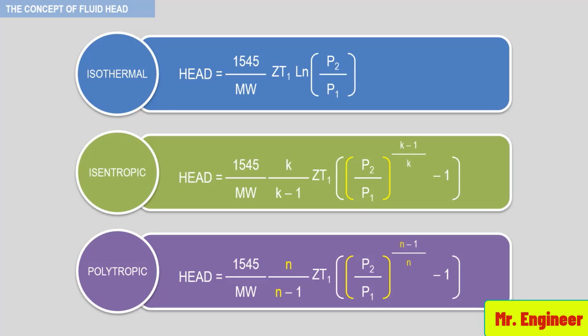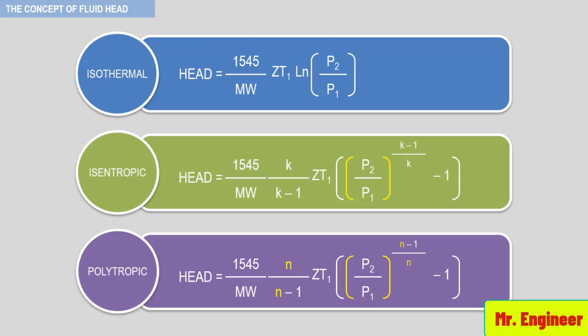In these equations, mW is the molecular weight of the gas being compressed, Z its compressibility factor, T1 is the inlet temperature, P1 is the suction pressure, P2 the discharge pressure, K is the ratio of specific heats, so Cp divided by Cv, and N is the polytropic exponent.